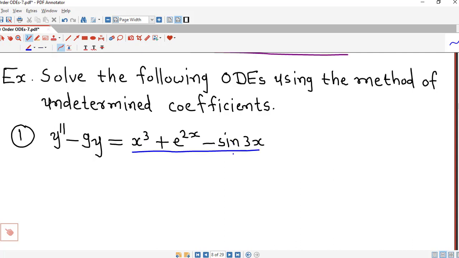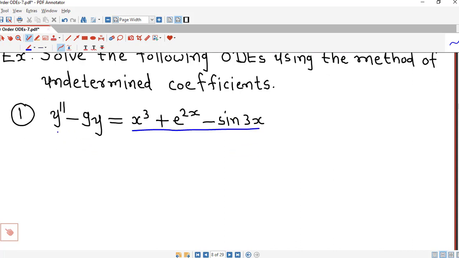So we start with the first equation, y double dash minus 9y equal to x cube plus e raised to 2x minus sin 3x. First we write down the corresponding homogeneous differential equation, which is y double dash minus 9y equal to 0, and the auxiliary equation is lambda square minus 9 equal to 0.